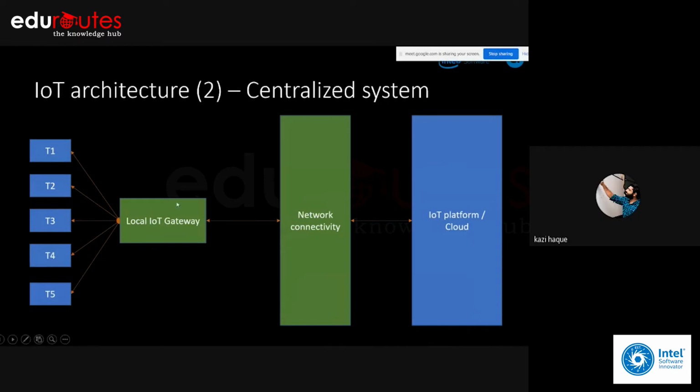That can be done away with using a local gateway, because there is another architecture also. Say T1 and T2 are connected to local IoT gateway 1, T3 and T4 connected to local IoT gateway 2, T5 is connected to local gateway 3, and in this way they are all getting connected to one network connectivity. That is another architecture which we can follow in a centralized system. Now, this is another way of designing the architecture.